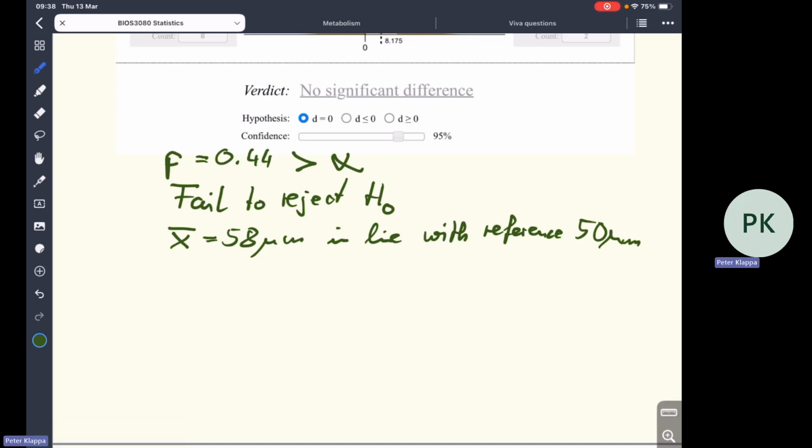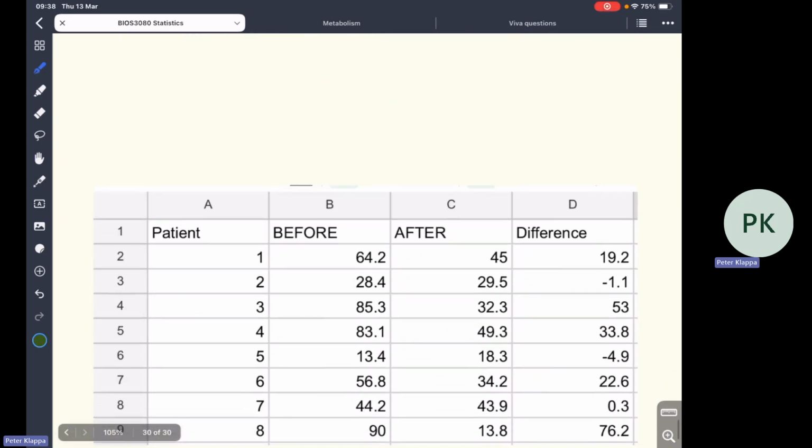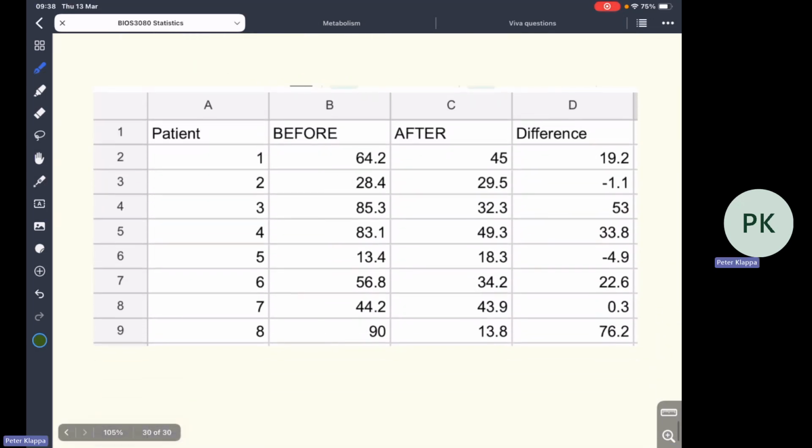Now, of course, what we could do is another test.